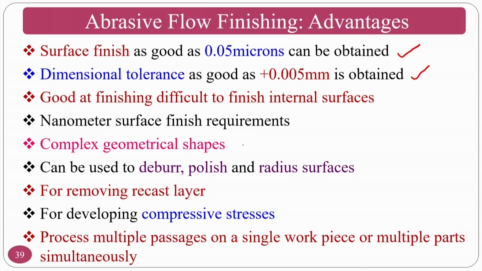Complex geometry shapes can be finished, and deburring, polishing, and radiusing that we have seen in the previous slides. Removing the recast layers formed in laser beam machining, electric discharge machining and other processes can be done using the abrasive flow finishing process.